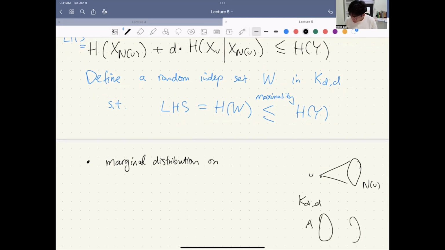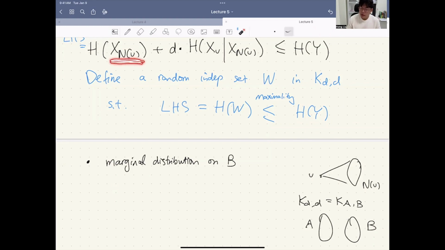with one side A, one side B, okay? This is my KDD. One side A, one side B. So the marginal distribution on one side, let's say B, is the same as the distribution of X and V. When you sample X, we know its projection, X and V. It has a marginal distribution there.